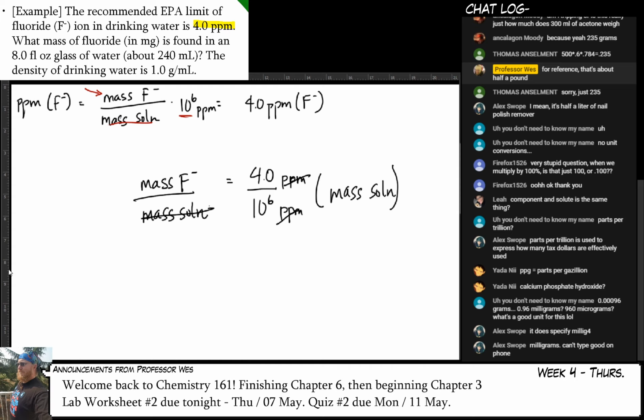So let's figure out what the mass of the solution is. I have 240 milliliters of water, which is my solution. And I know its density to be 1 gram per milliliter. So I have 240 grams of solution. The solution being my drinking water.